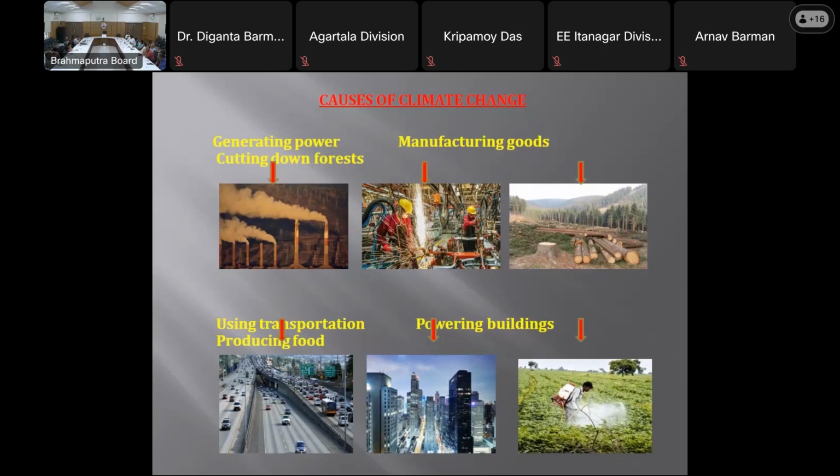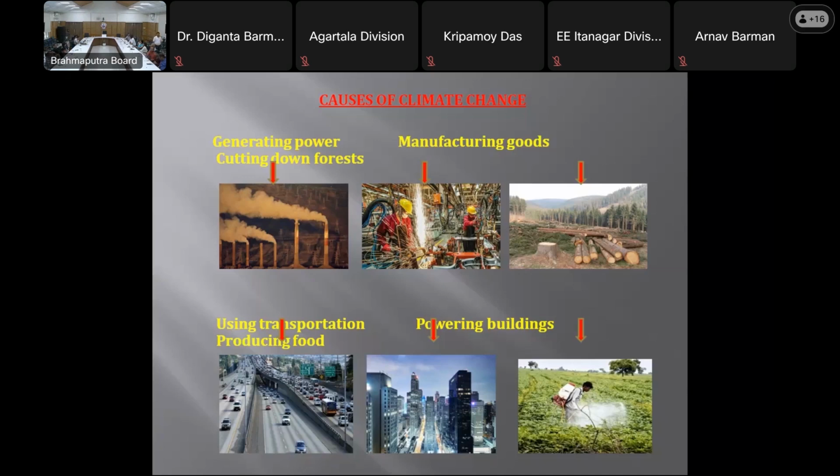Number three, deforestation. Due to deforestation, the amount of carbon dioxide in the atmosphere increases, which also causes global warming. Number four is traffic, using transportation. Due to heavy traffic using fossil fuel, meaning petrol, carbon dioxide is emitted, which also goes to the atmosphere and causes global warming.